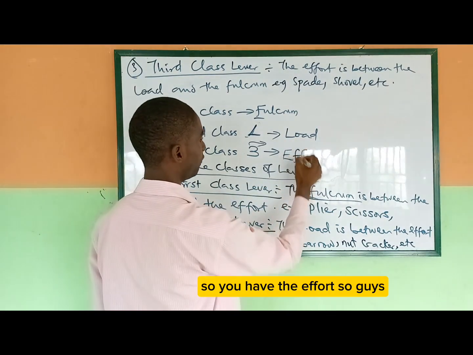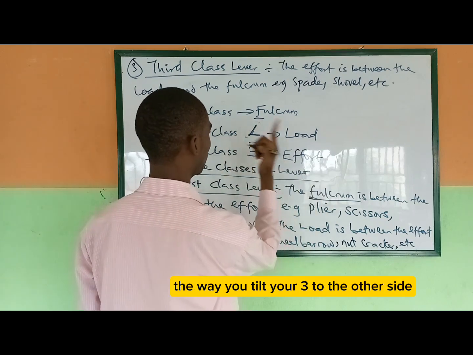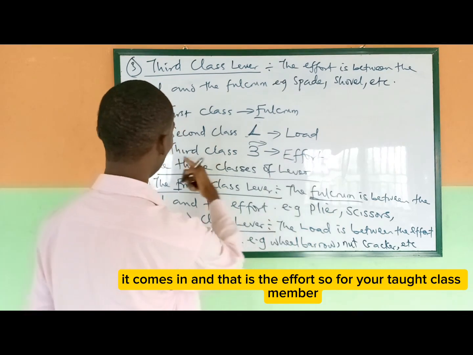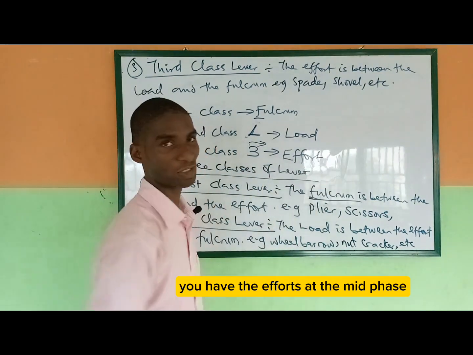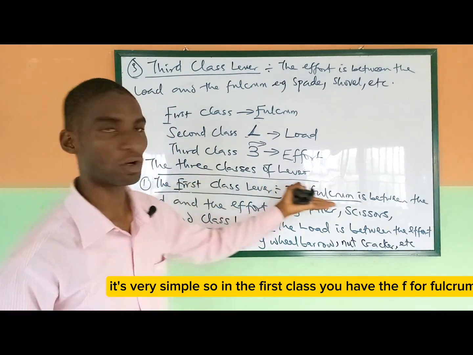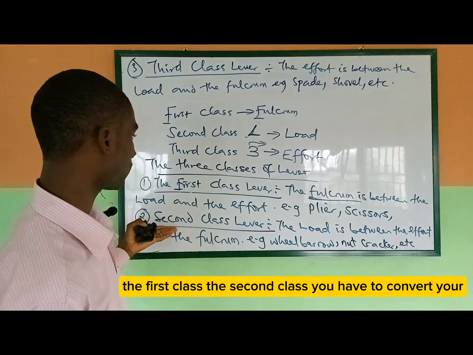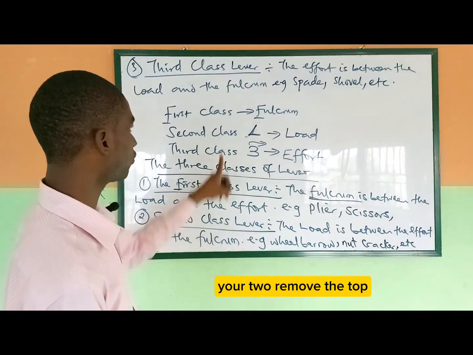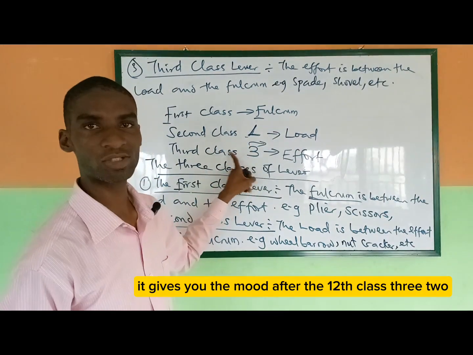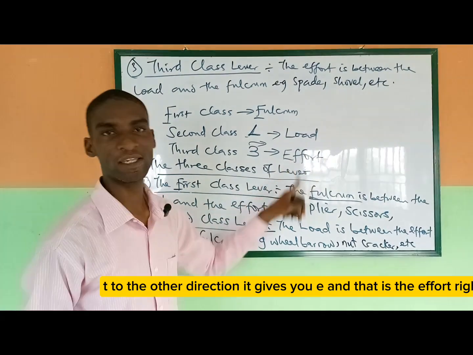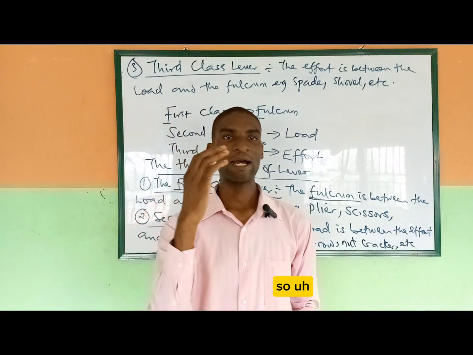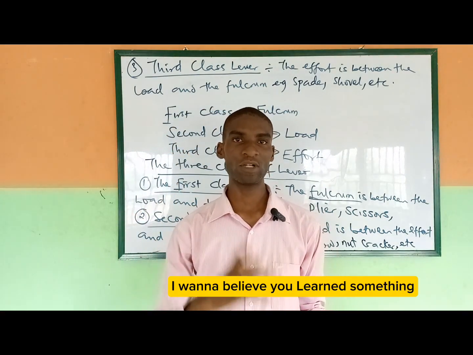So can you see when you tilt your 3 to the other side, it becomes E, and that is the effort. So for your third class lever, you have the effort at the middle. Can you see it's very simple? So the first class, you have the F for fulcrum. The second class, just convert your 2, remove the top, it gives you the load. And for the third class, your 3, tilt it to the other direction, it gives you E, and that is the effort. Right? So I want to believe you learned something.